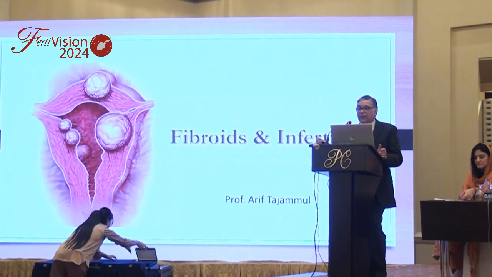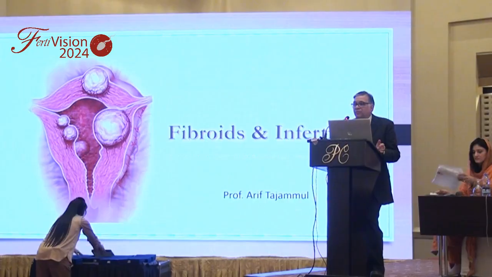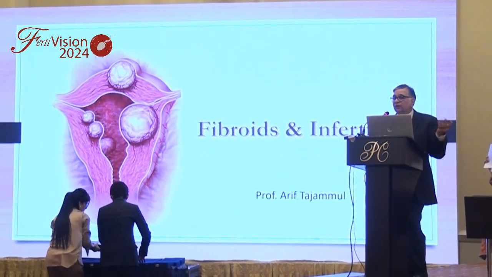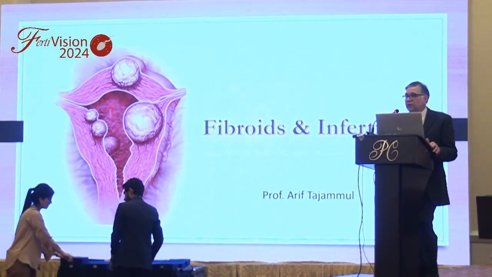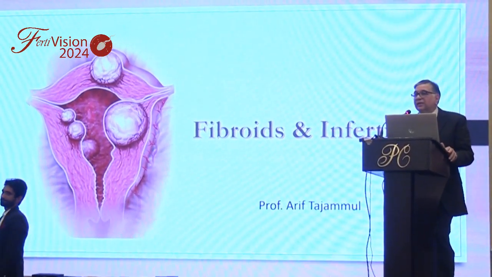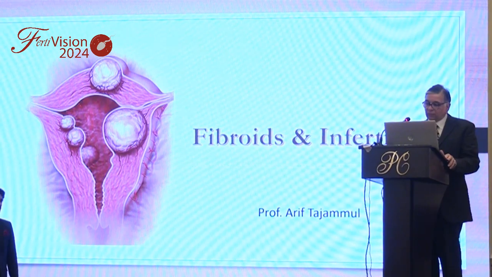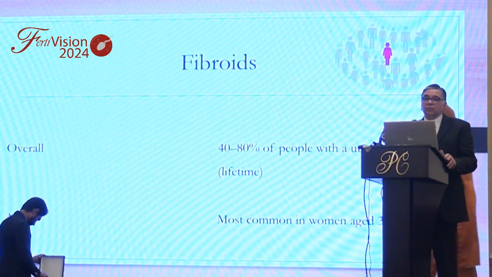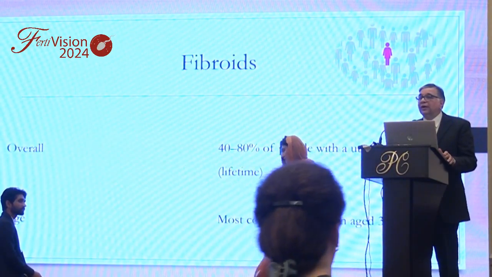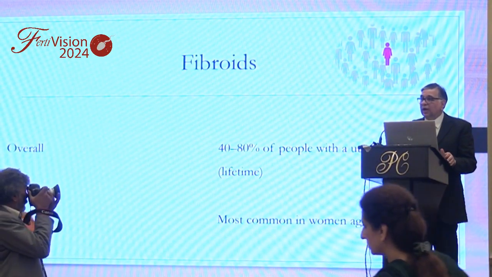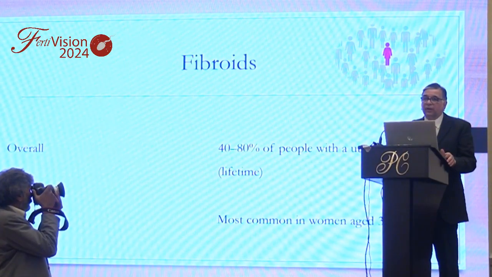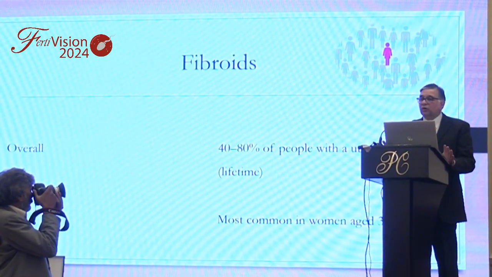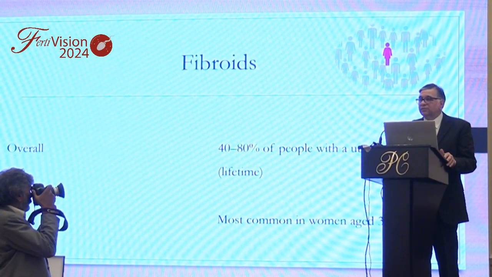Now, any medical student in 4th year, when they enter the gynecological floor, one of the first things that they come across are fibroids. They are as common as gynecology itself. And if you look at the overall picture, the number is 40 to 80%, which means up to 80% of women all across the world would get some sort of an encounter with fibroids.